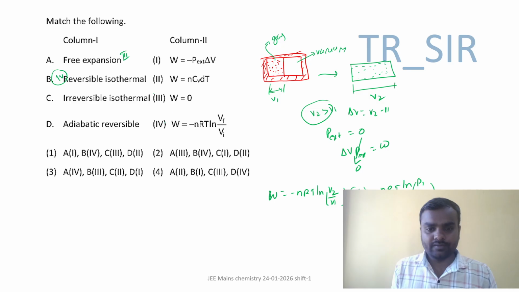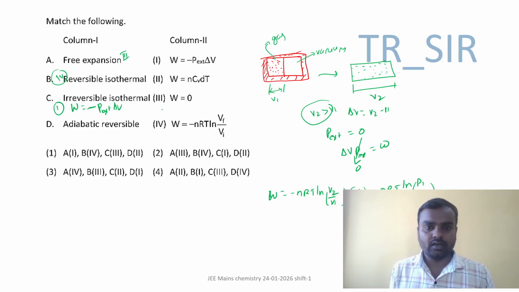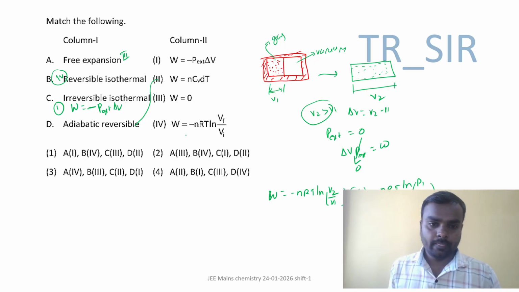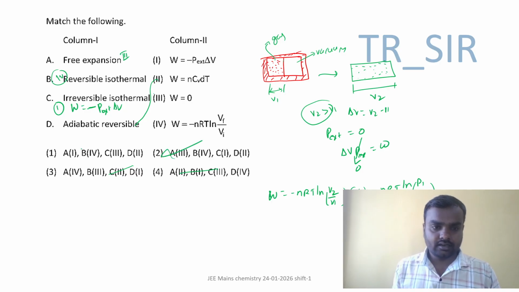Irreversible case, what happens? In case of irreversible, W is equal to minus P external into del V. That is C1. Adiabatic process, directly we can keep W is equal to nCv dT. So D2. So A3, that is second option, is the right answer.